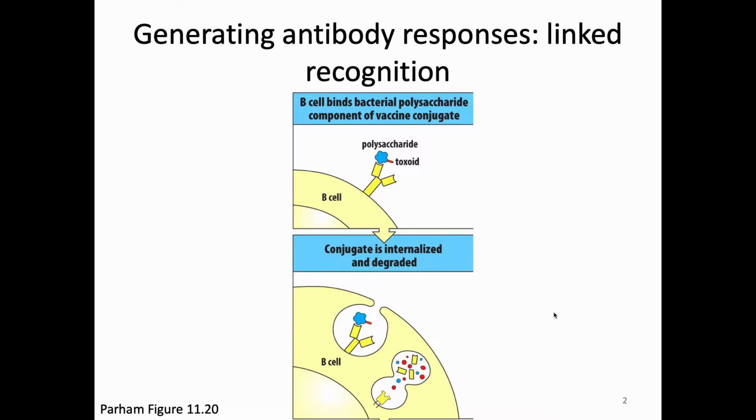There are some vaccines that you get where the vaccine is really inducing antibodies to a polysaccharide from a bacterial cell wall. So there are a number of polysaccharide antibody-inducing vaccines. So you can imagine, okay, so our B cell can bind that polysaccharide antigen.